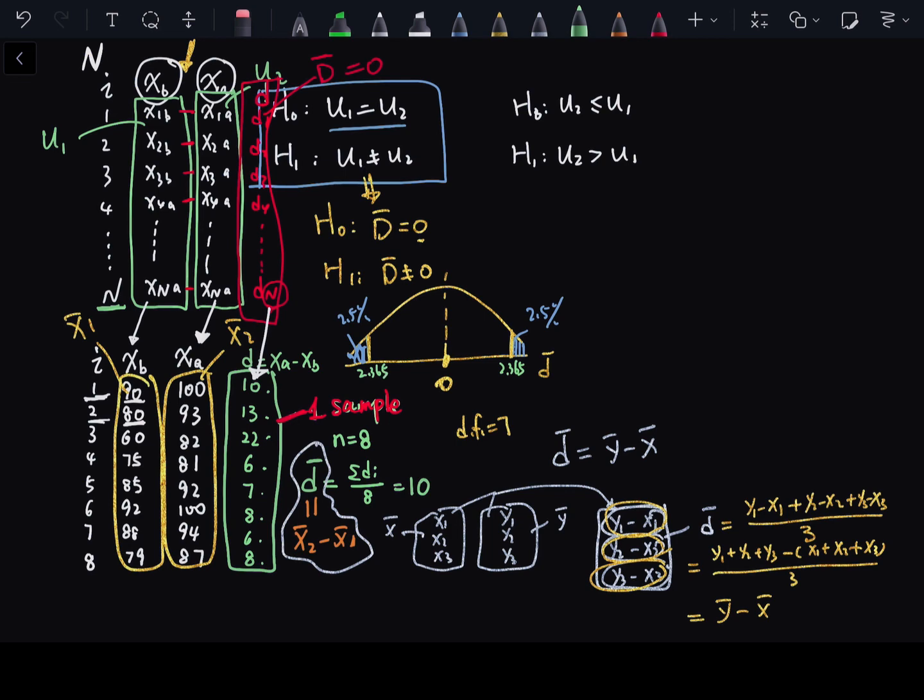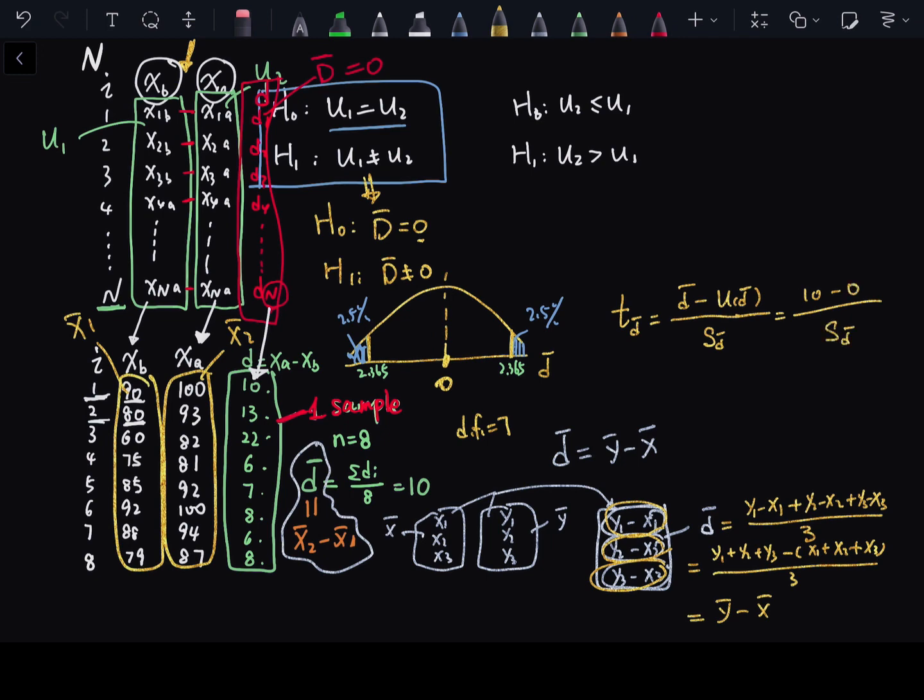Okay, and now you have the sample mean is 10, so you should convert 10 into t and compare it to 2.365, right? So the t value for d bar is the value of d bar minus the average of d bar divided by the standard deviation of d bar. So that's 10 minus 0 divided by the standard deviation of d bar.